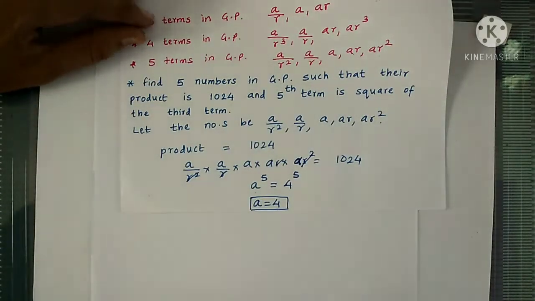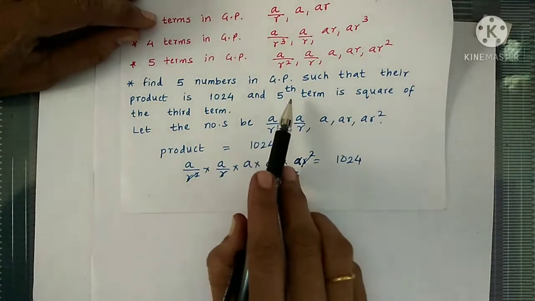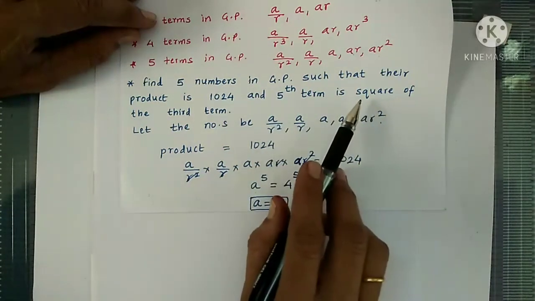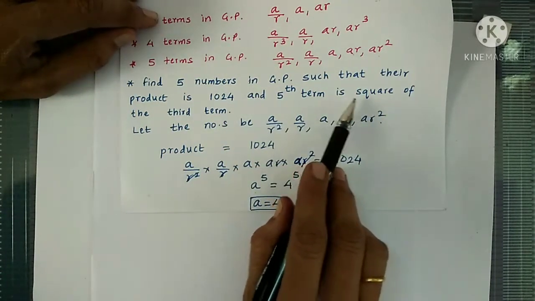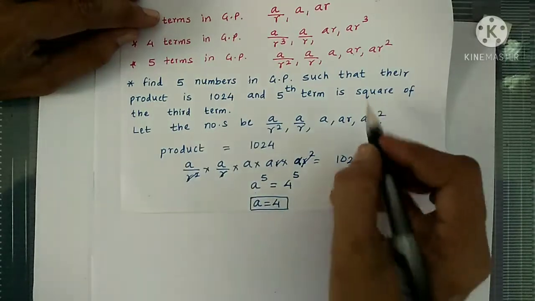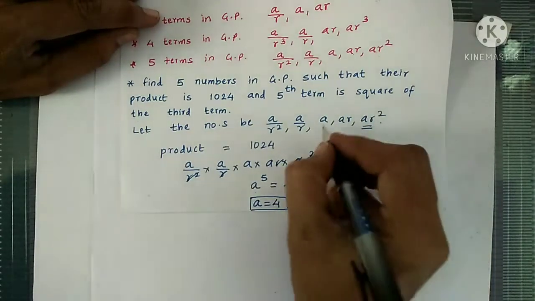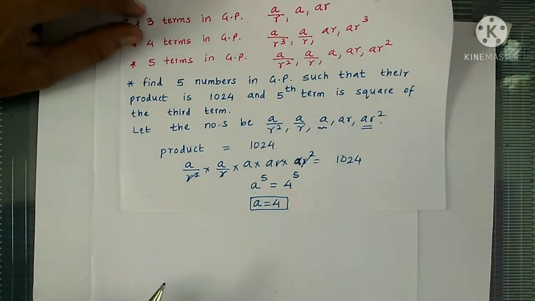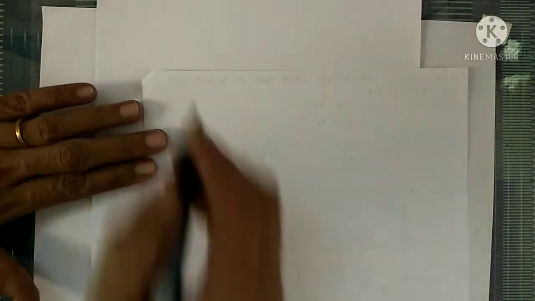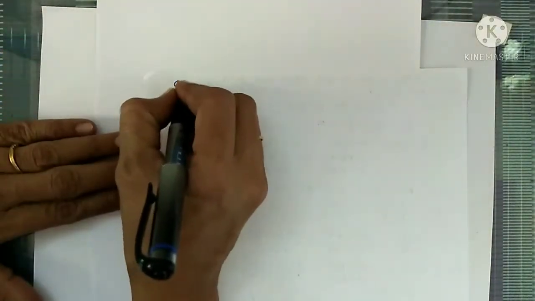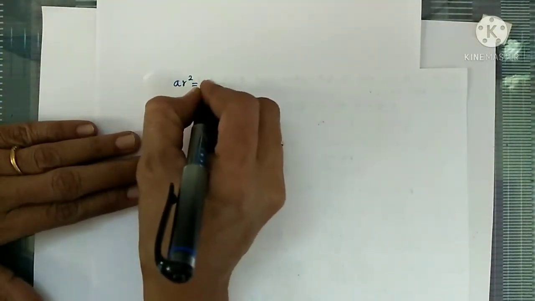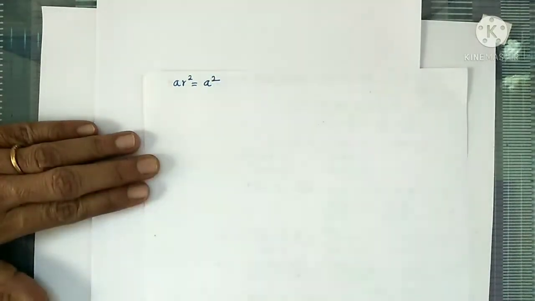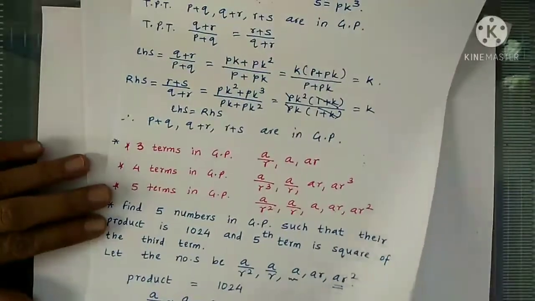A equals 4. Now the next information given is that the fifth term of this sequence is the square of the third term. So the fifth term is AR square and it is the square of the third term. So AR square is equal to A square, as the fifth term is the square of the third term.